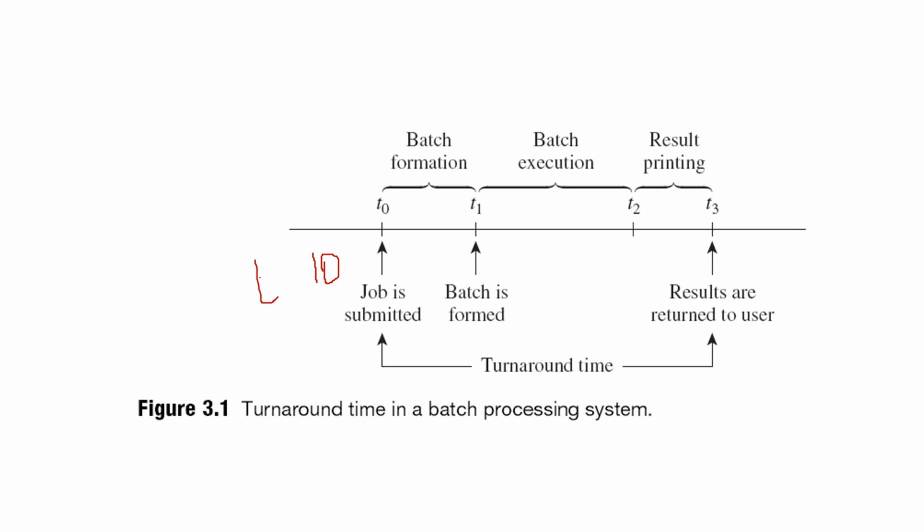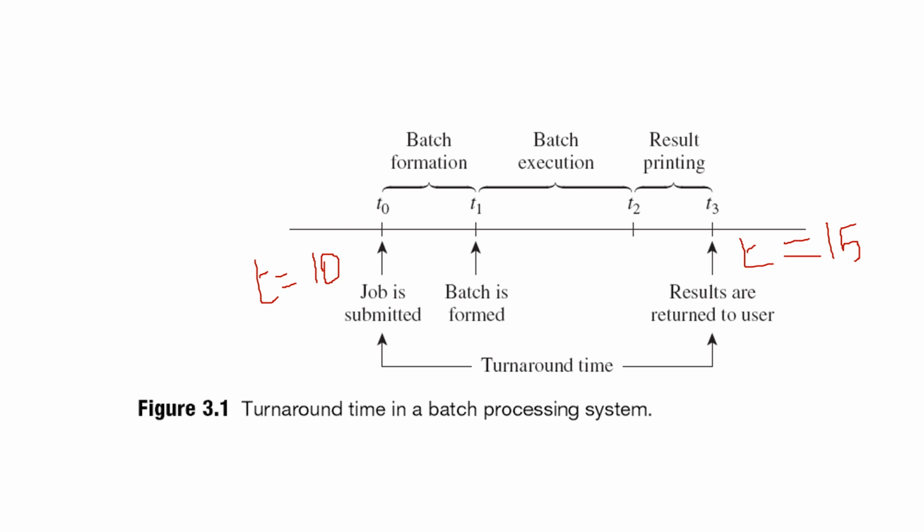Now the results are available to the user at time t equal to 15. So the turnaround time is the time taken between 10 and 15, which is 5. T is equal to 5. This is how we can calculate the turnaround time.